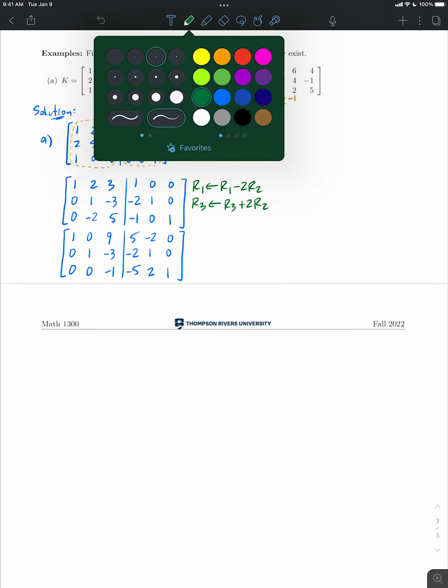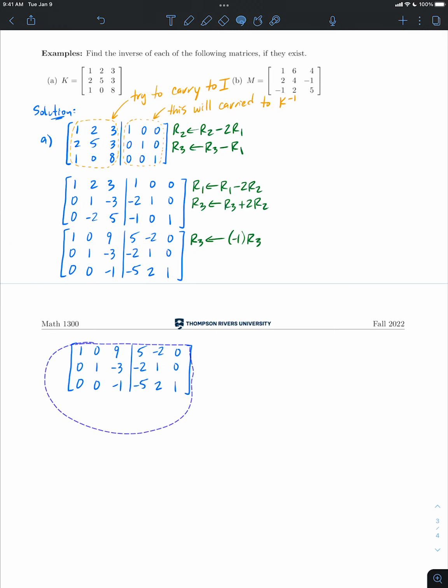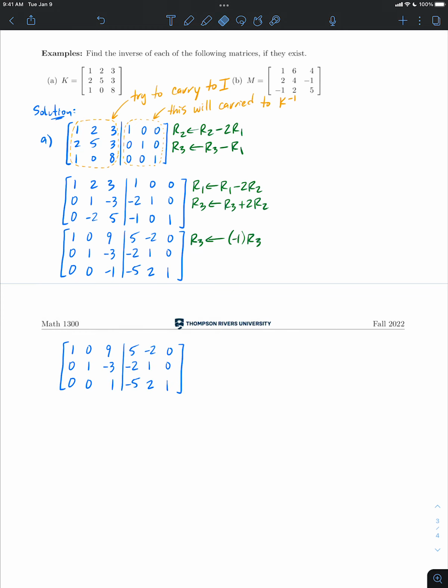Okay, so now this needs to be turned into a +1. That's all we're going to do for this step. So take row 3 and replace it with -1 times row 3. And that will bring us to here. So this will just change the sign of everything in the third row.